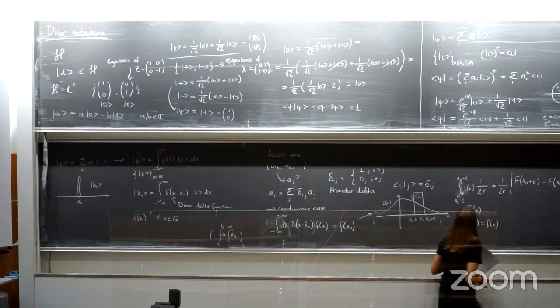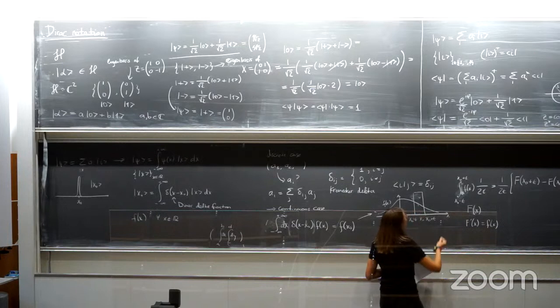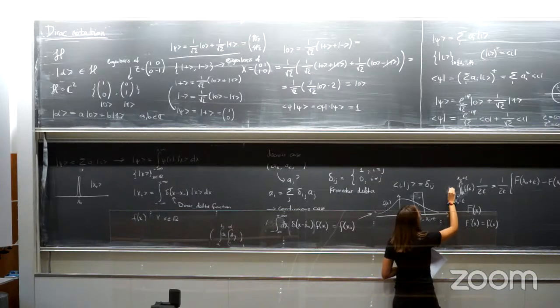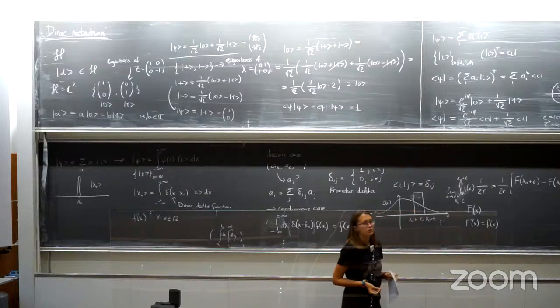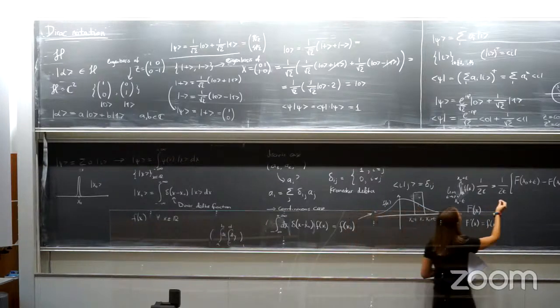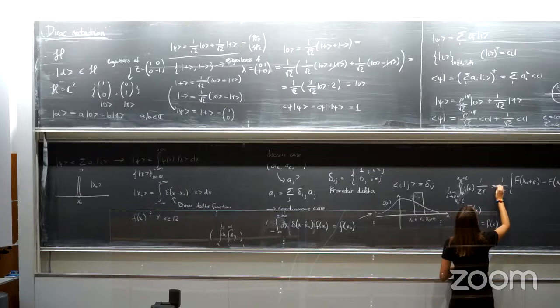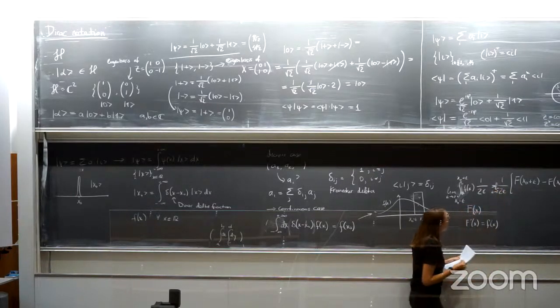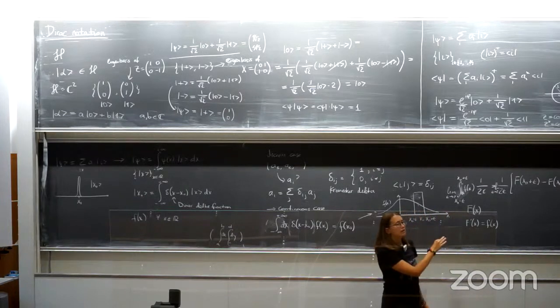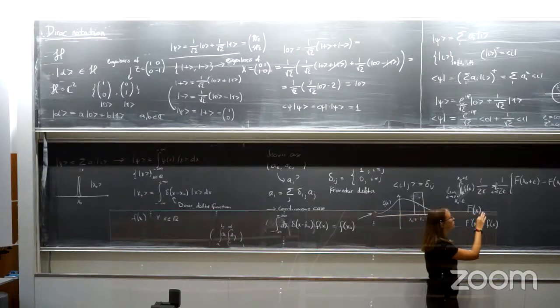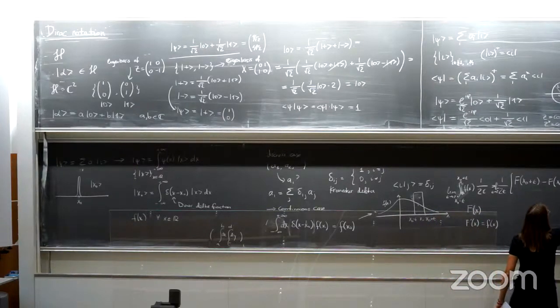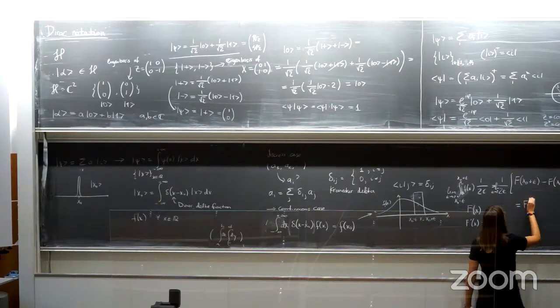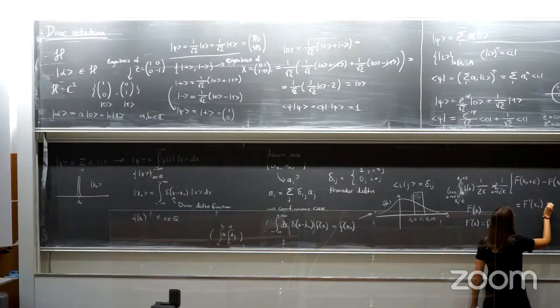If we take the limit of this expression as epsilon goes to 0, what we get on the right-hand side is exactly the definition of the derivative of big F at the point x0, which is just the function small f of x0.